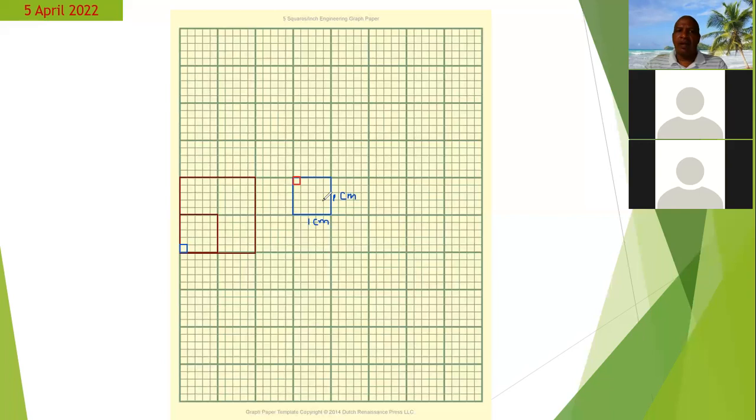What do you call the smaller parts of a division of 10 in the centimeter, guys? Anybody know the metric system? What is the smallest subunit we generally work with?